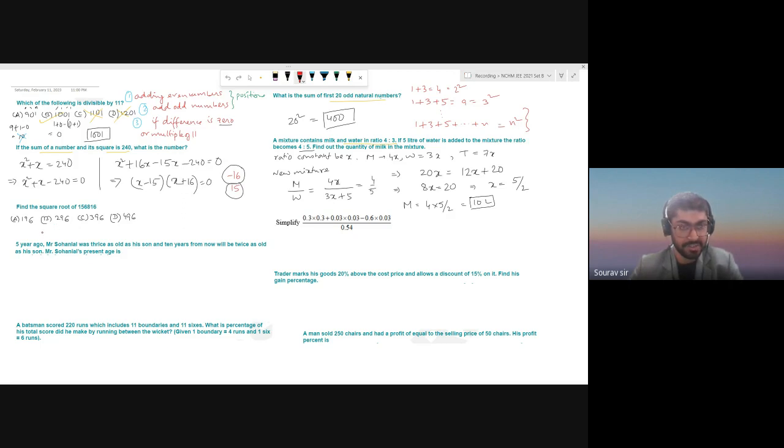Just check the numbers: 196, 296, 396, and 496. 156,816 is the closest to 160,000, that's 400 square. Now, if we do 496 square, that will be greater than 160,000, so that cannot be your answer.